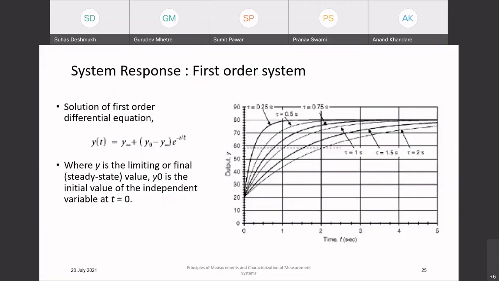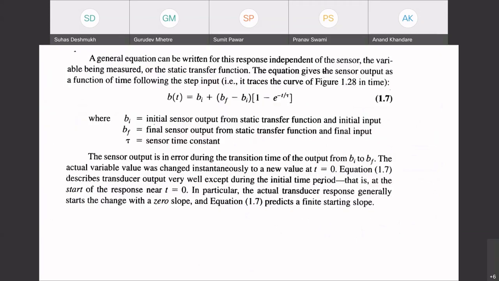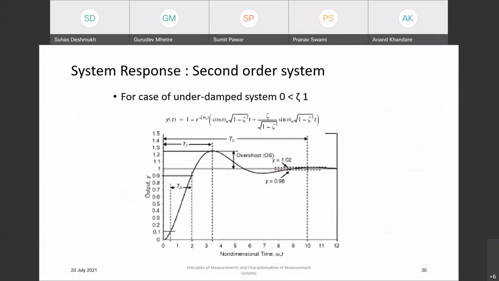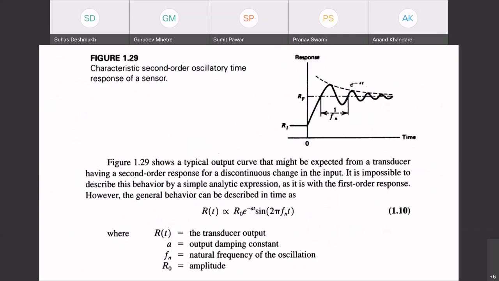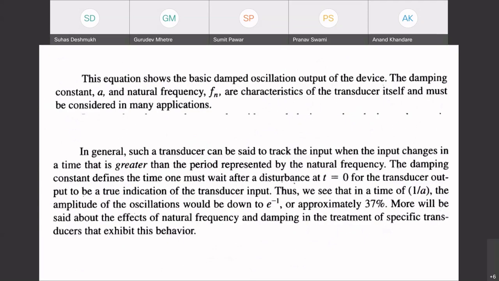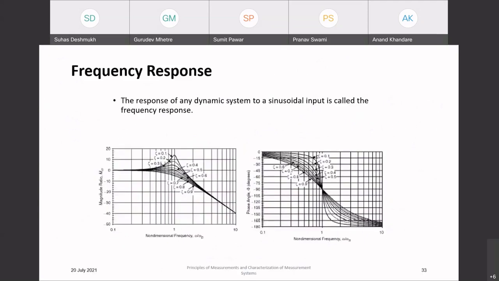This may be a first order response, second order response, so many things will be there. You can just go through these numericals, and you will come to know how it is done. This is what you can observe on a graph. This is what a frequency response is. If I change this zeta, the damping, if I increase the damping, my curve will be different. And at this particular point, I can get a resonance.